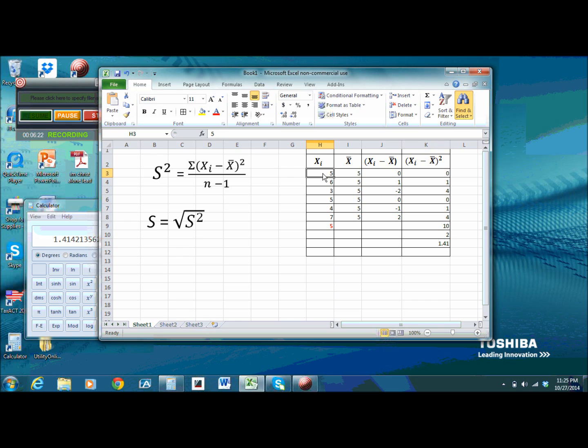It could be 5 bowling pins, 5 home runs, 5 miles to work, 3 miles to work, whatever these terms are, our standard deviation is basically plus or minus 1.41. Any one of these given terms is 1.41 of whatever it is from the mean.